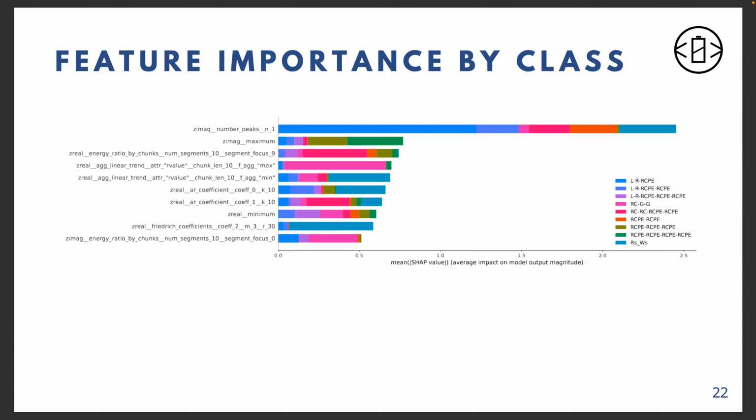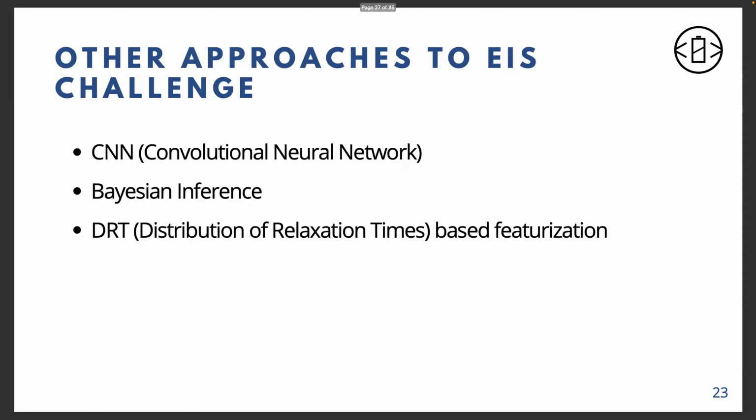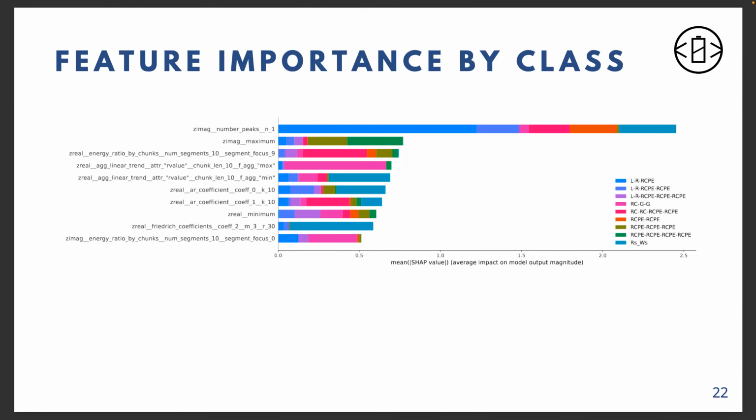And we can see that immediately it is the most important feature for classifying almost all of the circuits. There are also some other features here, like the fourth and the fifth features, which are kind of the linearity of the data. If the data is highly linear across the entire frequency range, that corresponds to a specific type of experiment.